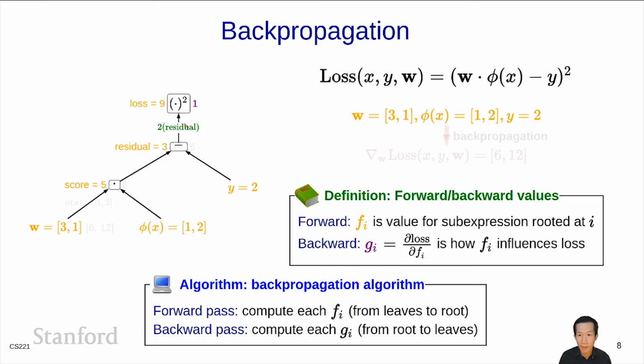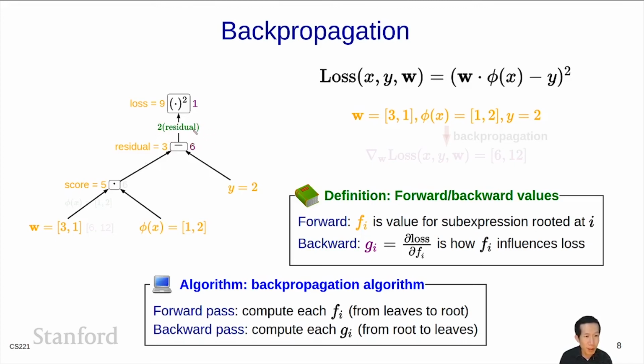Okay, so now we need to compute the backward value of this node. To do that, we're going to take the backward value of the parent and multiply whatever's on this edge. What's on this edge is 2 times the residual. The residual is 3, so it's 2 times 3, which is 6. And so 1 times 6 is 6.